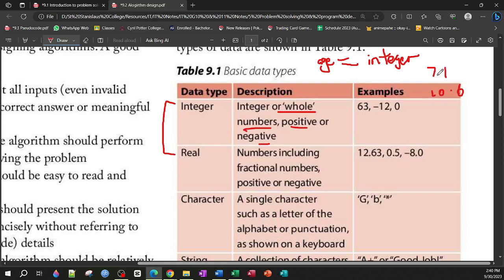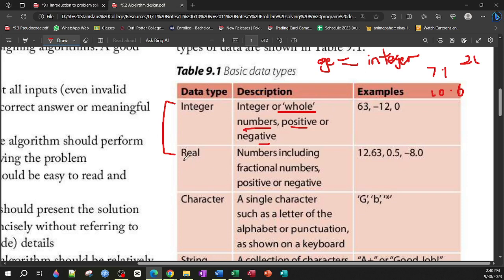We just want the fixed whole number value, whether the person is 7 years old, 10 years old, 21 years old, whatever the case may be. So by setting that variable age as integer, it prevents the person from typing in a decimal number. That's the purpose of the data type, to ensure that the correct data is being used. So integer does not use any decimals, only whole numbers.